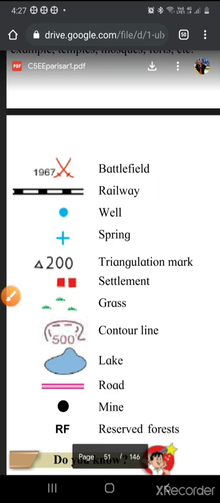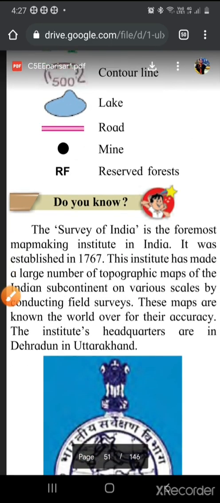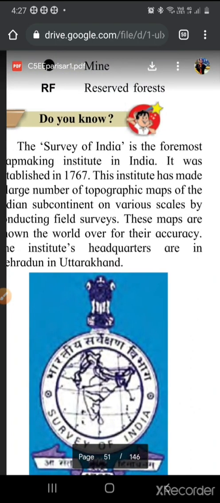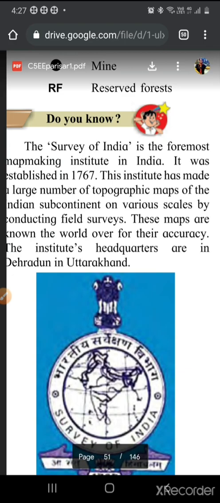Reserve forest. Okay. Now do you know, they are showing one logo and they are asking, do you know anything about it? The Survey of India is foremost map making institute in India. It was established in 1767. This institute has made a large number of topographic maps of Indian subcontinent on various scales by conducting various field surveys.